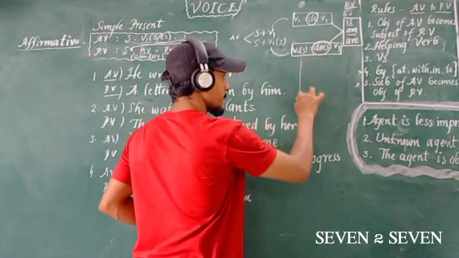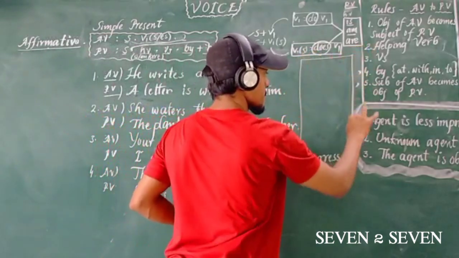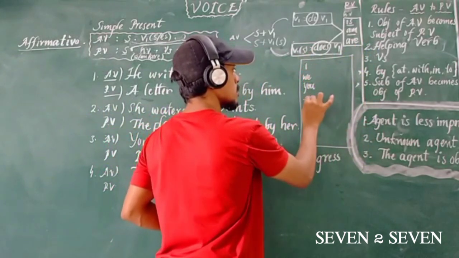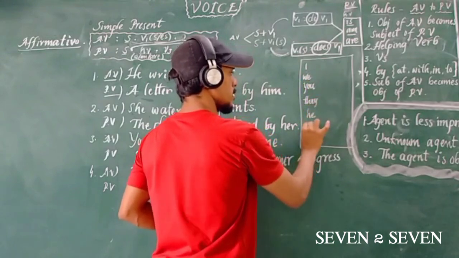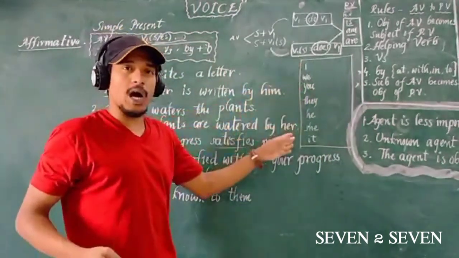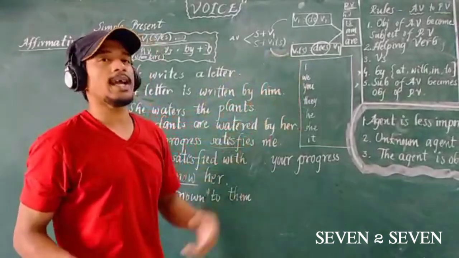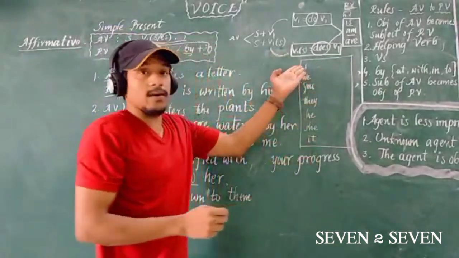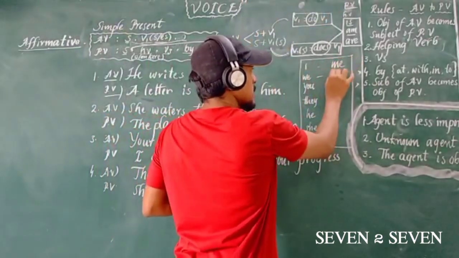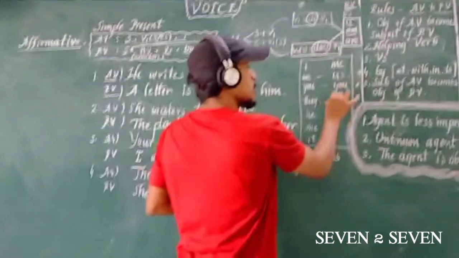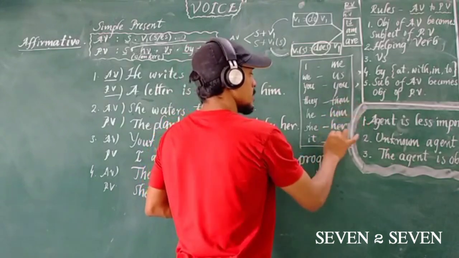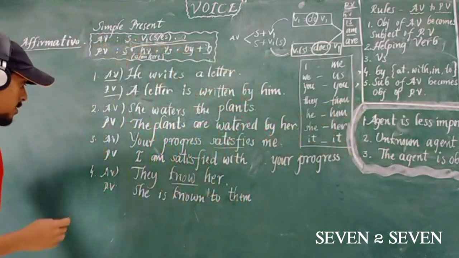Here, I, we, you, they, he, she, it are the nominative case. They are the pronouns in nominative case, and they always remain in active voice. When they go to passive, they turn out to be me, us, you, them, him, her, it.